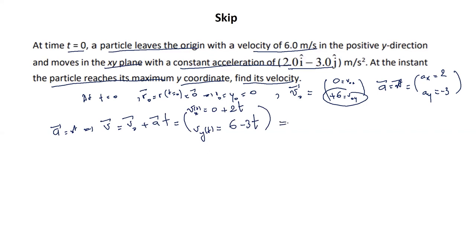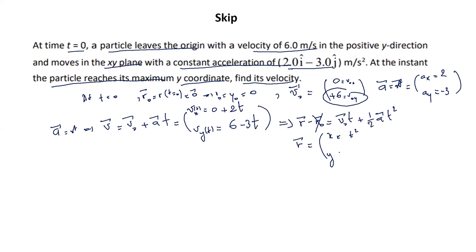Now what is my position? r minus r0, which is 0 here, by the way, is equal to v0 t plus half a vector t squared. So that means r will have two components. Along x, I will basically just have t squared.